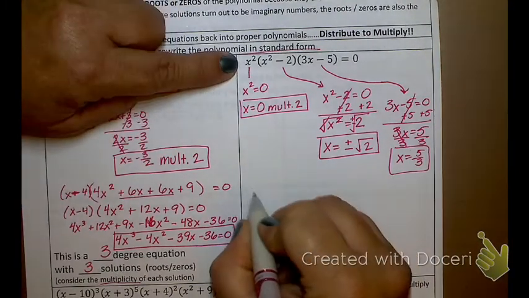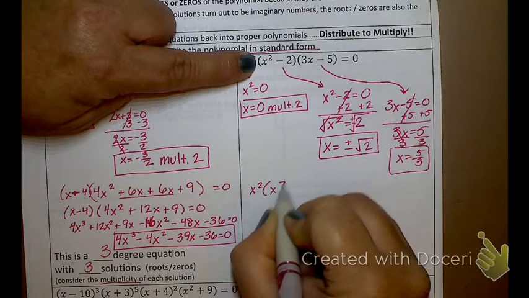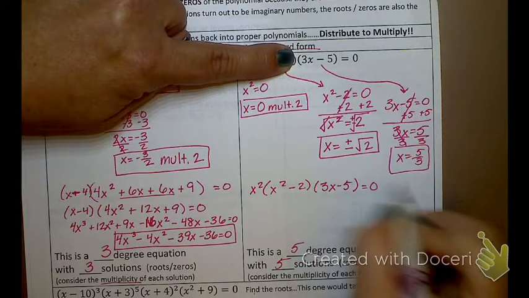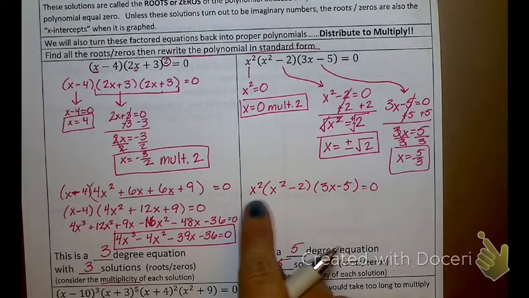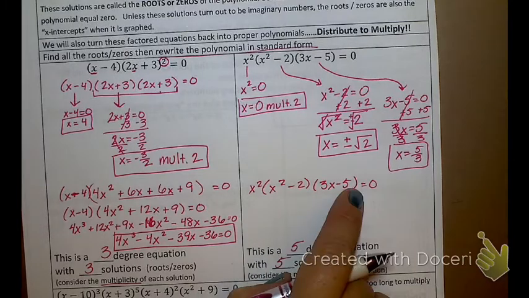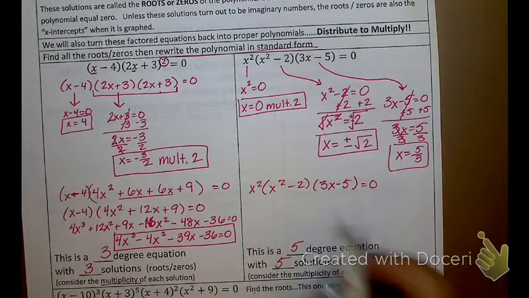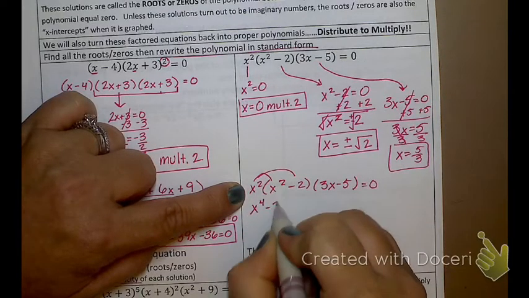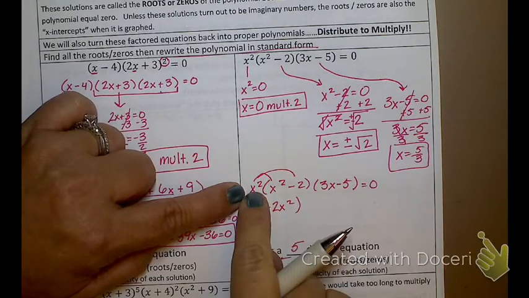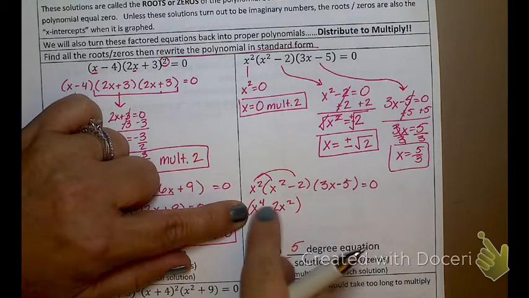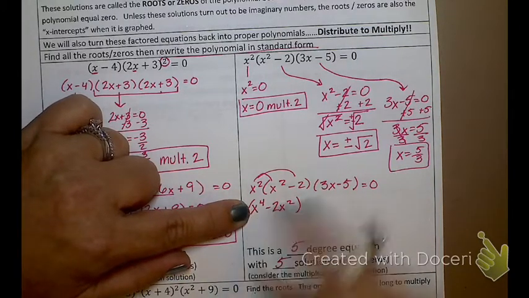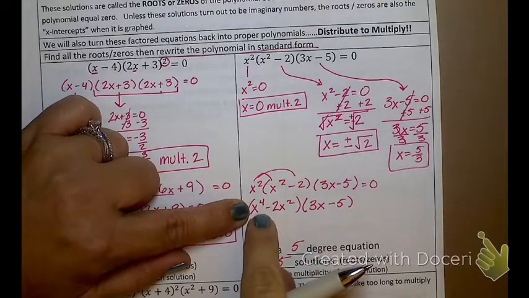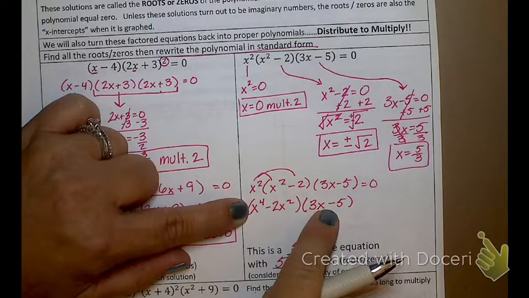So, let's see. x squared times x squared minus 2 times 3x minus 5 equals 0. Now, I will get people that will ask me, do I have to distribute this x squared through both parentheses? And the answer is no. Because if I distribute through this first parentheses, x to the fourth minus 2x squared, that x squared is now hidden in there, right? So when I multiply that by this, because it's hidden in there, it's now going to be multiplied through here.